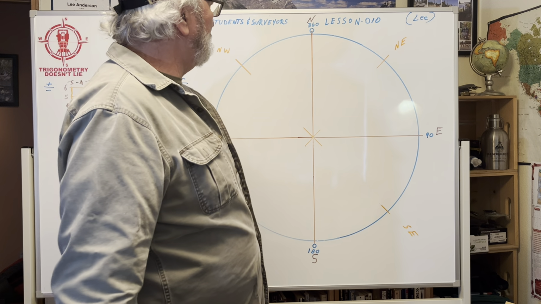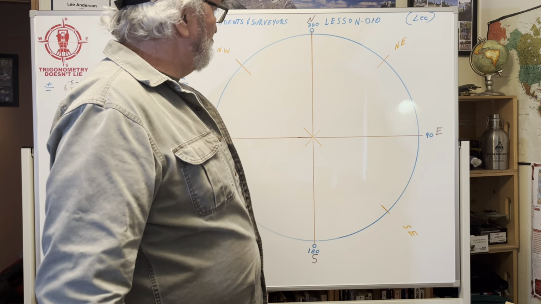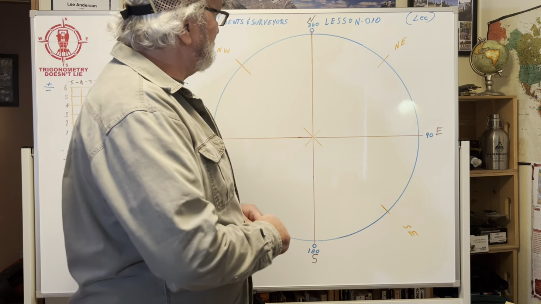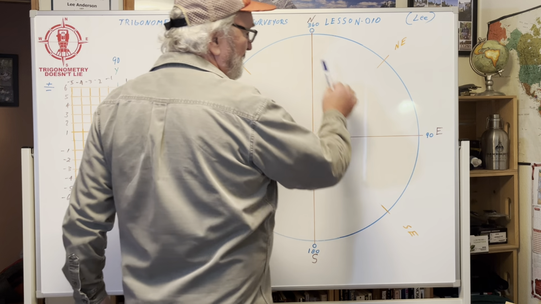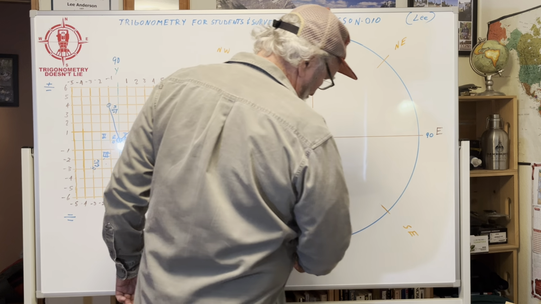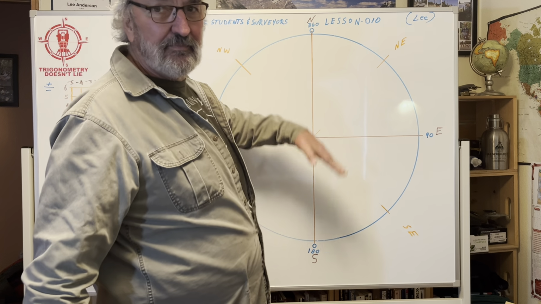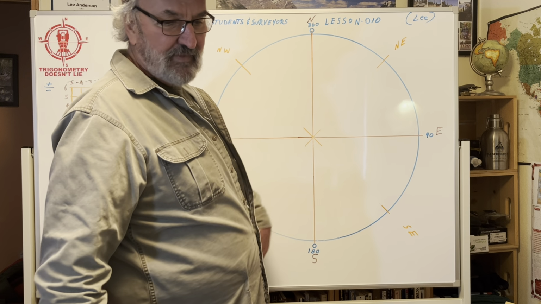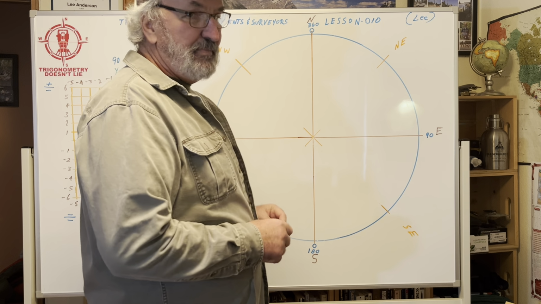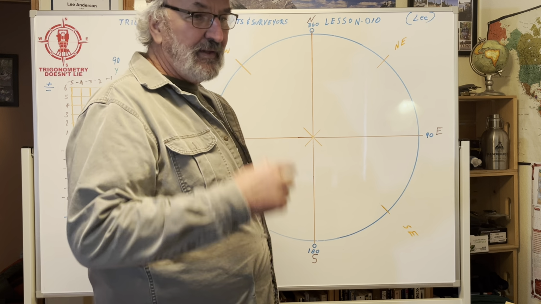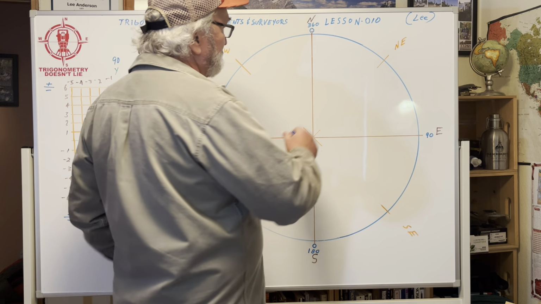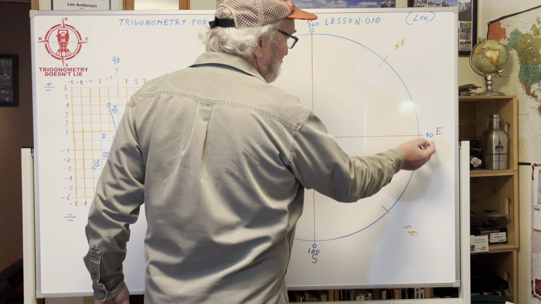Now let's see. That's the azimuth. So when you go 0, 90, 180, 270, 360, those are azimuth degrees. It also has bearings. Bearings are a little different. The first quadrant is exactly the same.